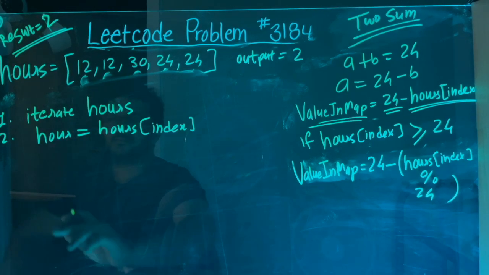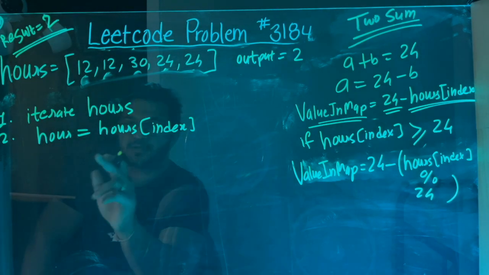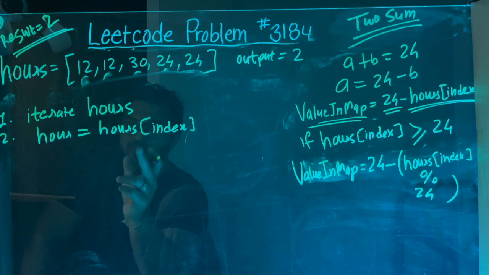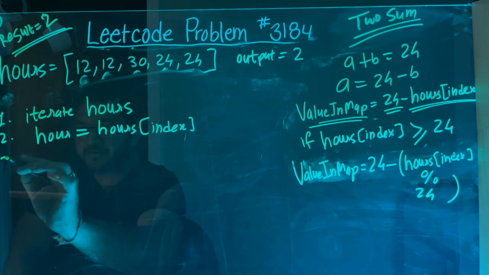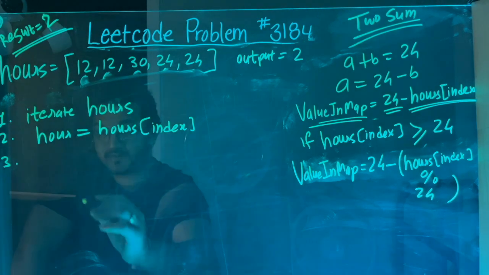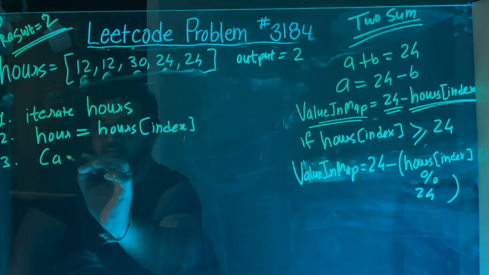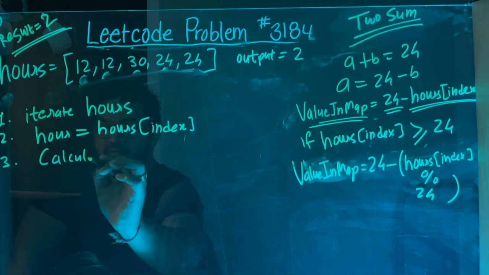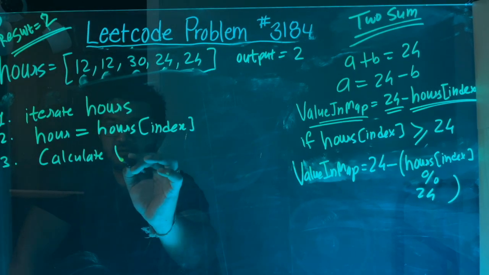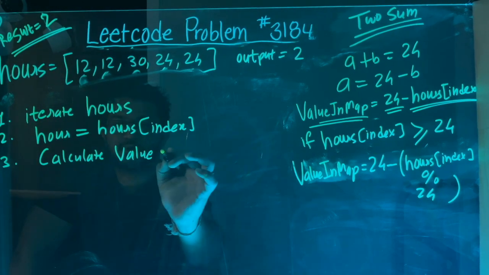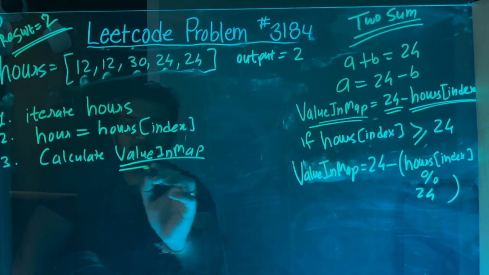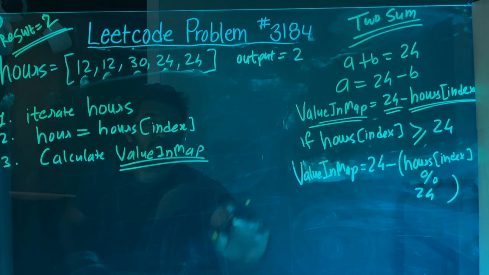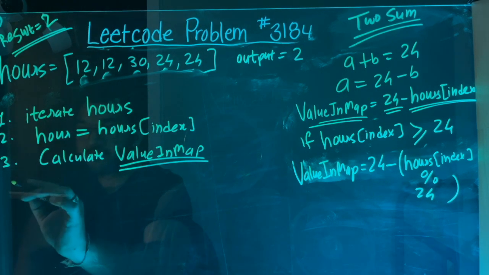So we are iterating through the hours, then getting the element from our array one by one into the variable. The third thing will be to calculate the value in the map. We need to use this formula here to get the value in the map.